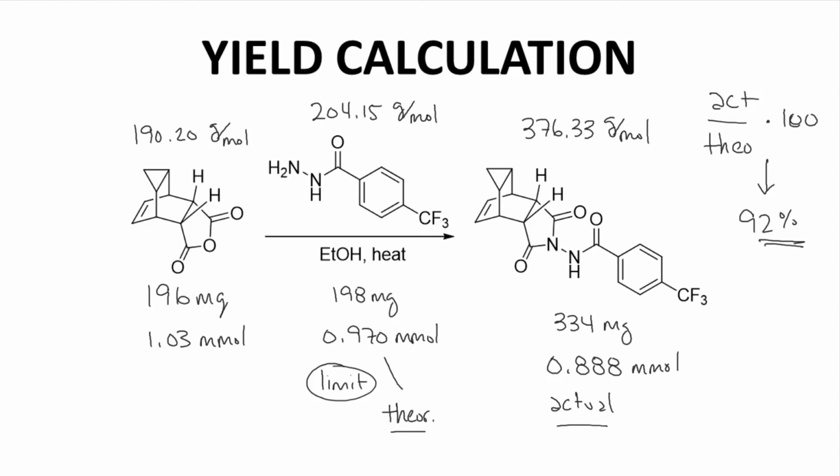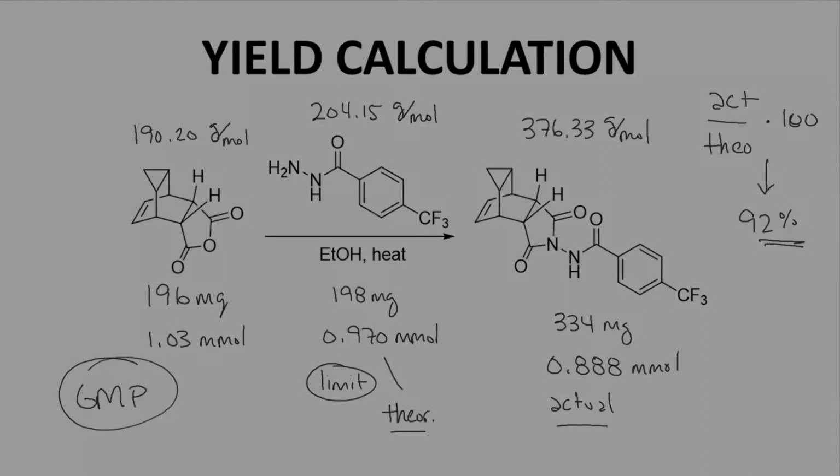Furthermore, active pharmaceutical ingredients, like tecovirimat, that are used by patients must be prepared and handled according to protocols called Good Manufacturing Practice, or GMP. This laboratory experiment is an educational exercise only and in no way conforms to GMP and does not afford material that is safe for use in patients.